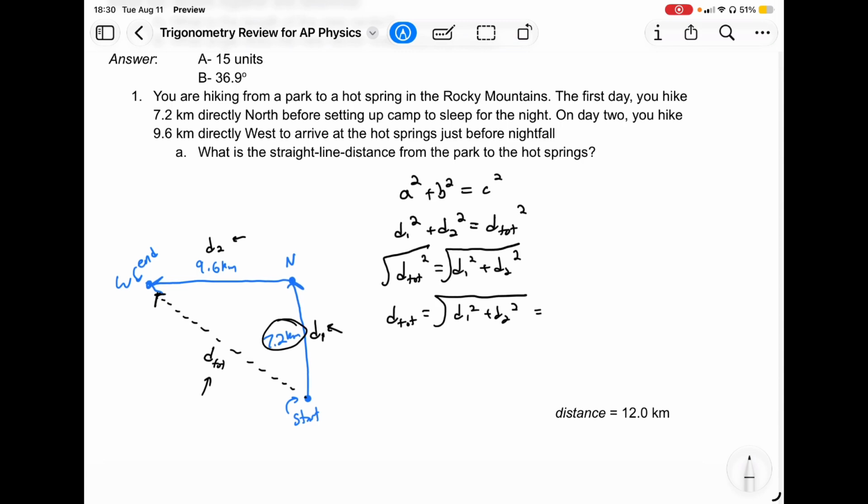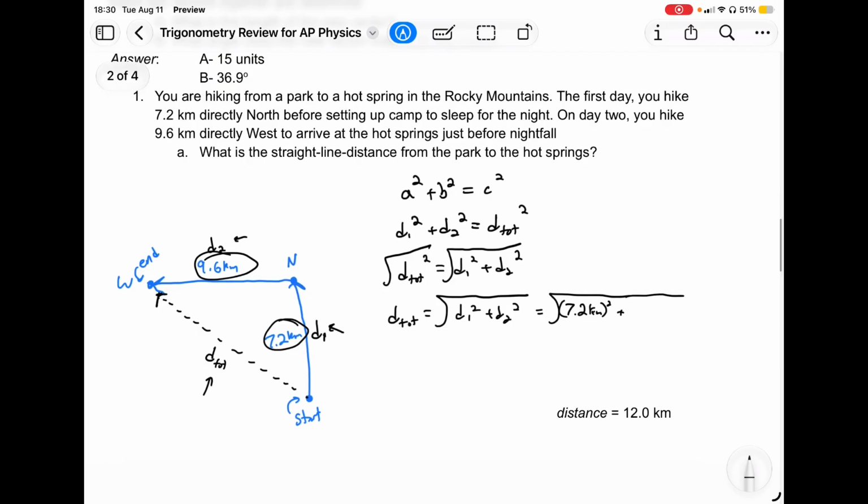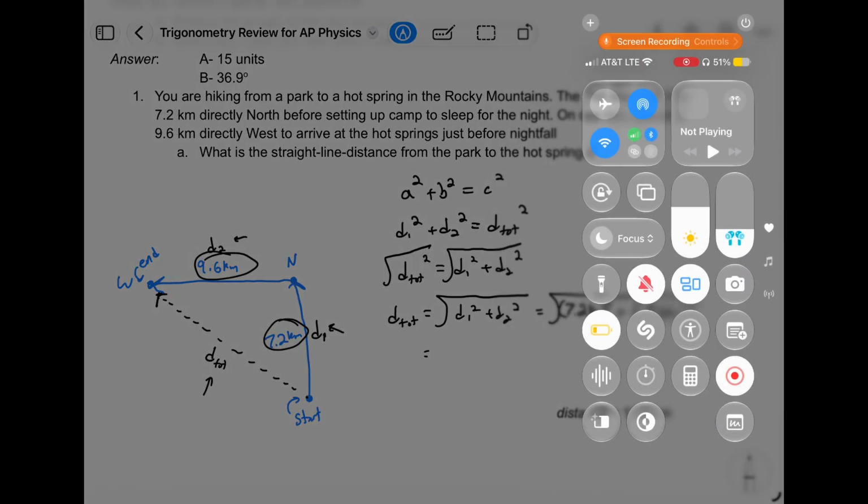We know that d1 is 7.2 kilometers, so 7.2 km squared, plus the distance of d2, which was 9.6 kilometers. We're going to square that. And then let's see what those numbers are.